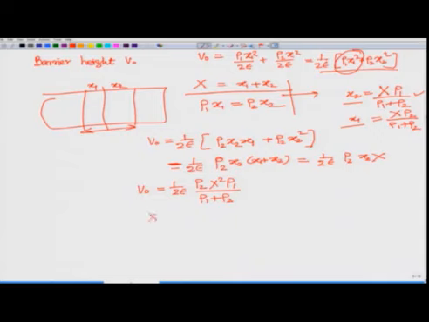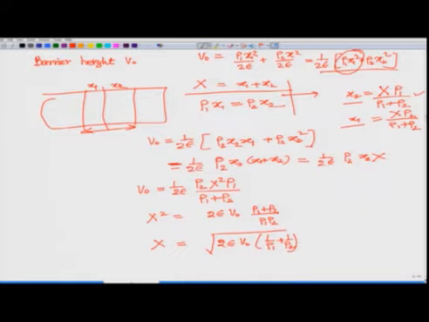So capital X square is equal to 2 times epsilon times V naught times (rho 1 plus rho 2) divided by rho 1 rho 2. And so capital X is equal to the square root of 2 times epsilon times V naught times (1 over rho 1 plus 1 over rho 2).